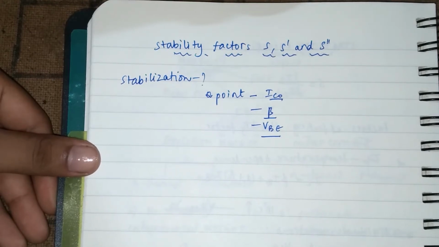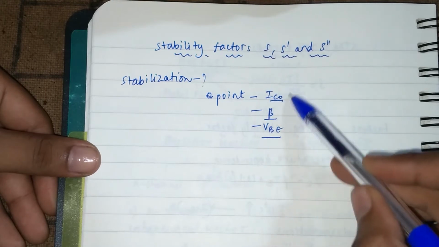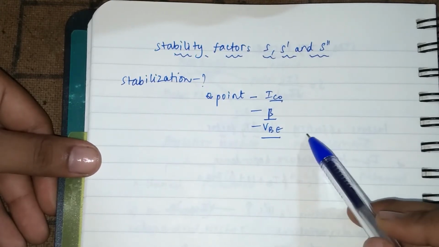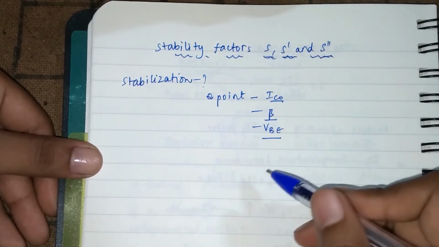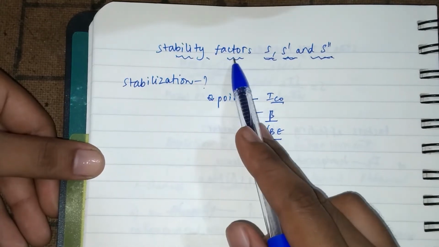So, to measure the stability of a biasing circuit against the variations in ICO, beta and VBE, three parameters are defined. They are S, S dash and S double dash. These parameters are known as stability factors.